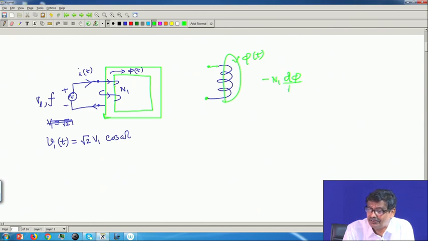About that sign it is not so important, but this is the induced voltage: the flux linking the coil is changing with time, and therefore there will be an induced voltage across this coil. In this case, this flux is created by the current carried by the coil itself, but it does not matter.